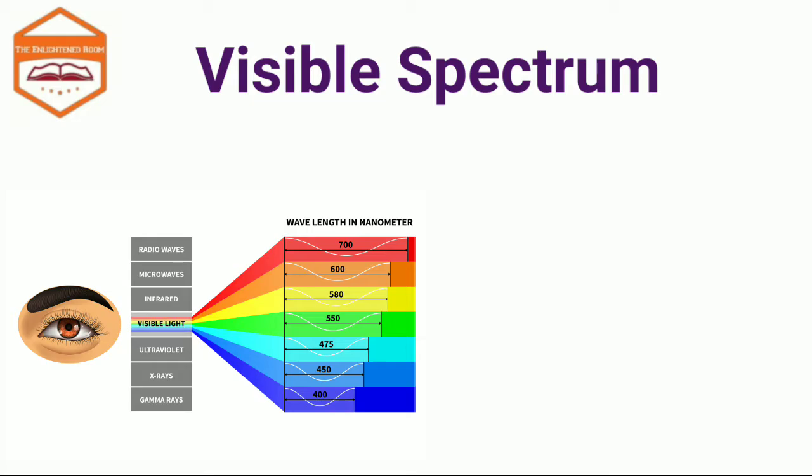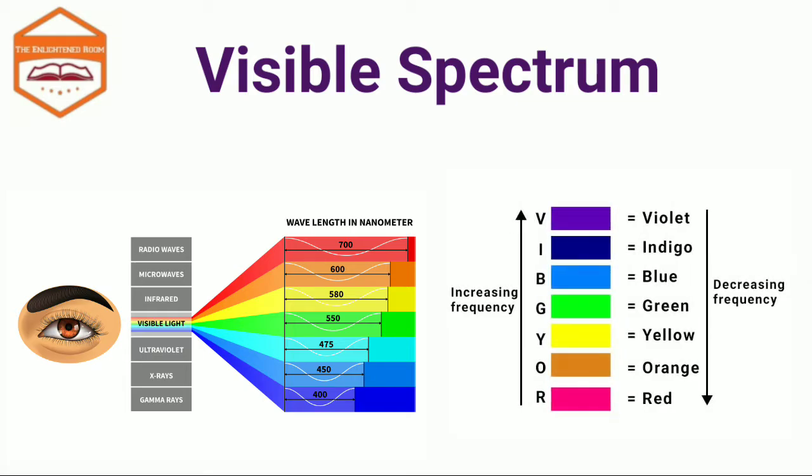This sequence of colors in the visible spectrum from the lower end is given by a famous acronym VIBGYOR, where V stands for violet, I for indigo, B for blue, G for green, Y for yellow, O for orange and R for red.